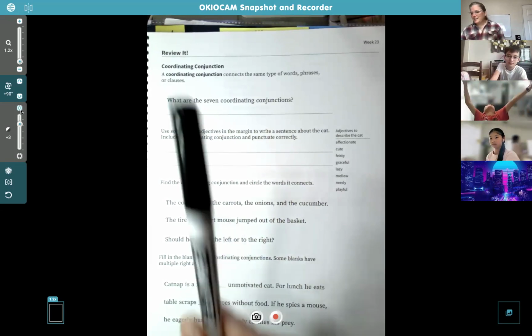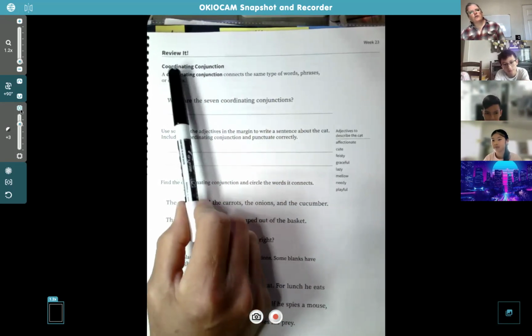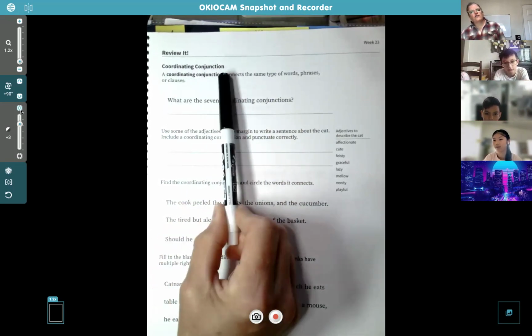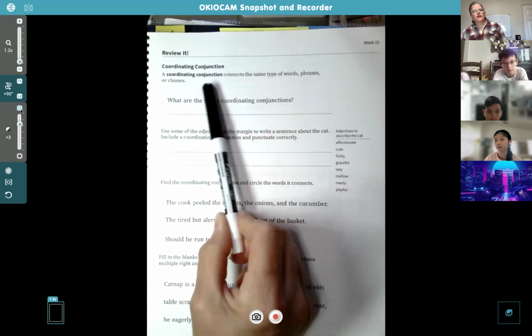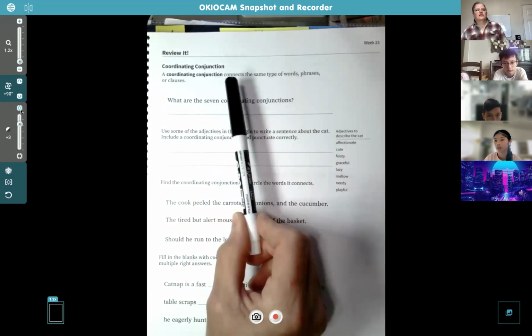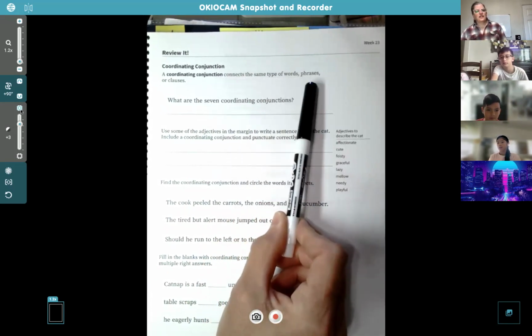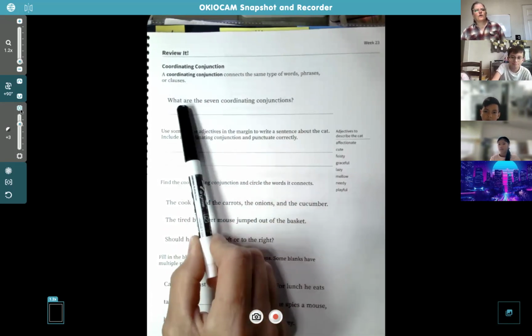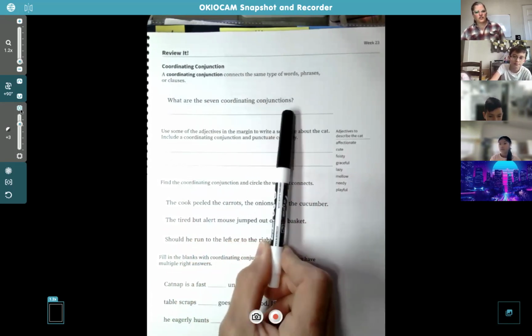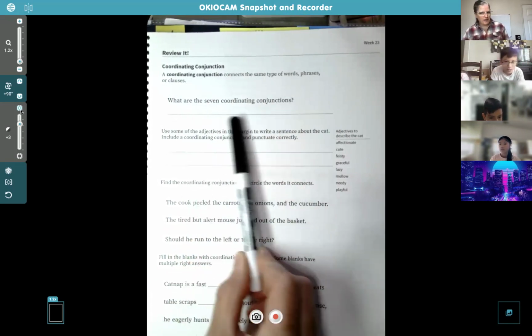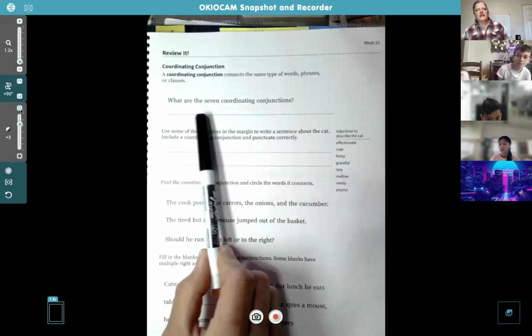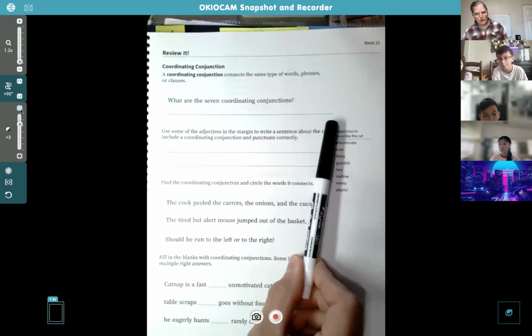It's good news. So this page is talking about coordinating conjunctions, which are the fanboys words. You guys should all know those words. Connects the same type of words, phrases, and clauses. And it says here, what are the 7 coordinating conjunctions? So rather than telling me, I want you guys to list them right here, the fanboys words.